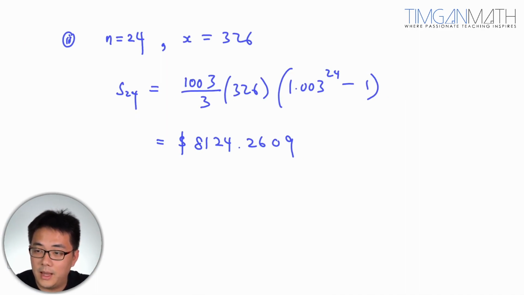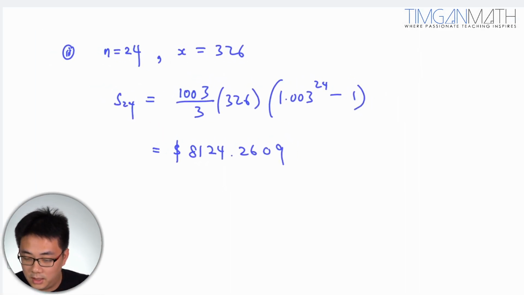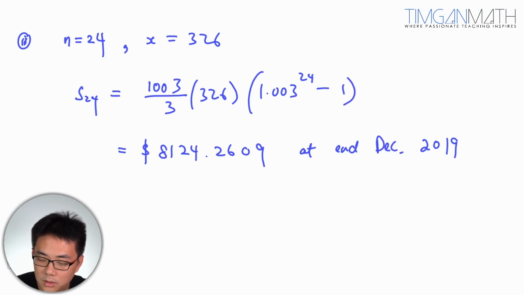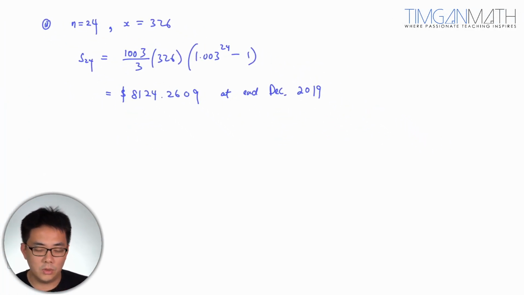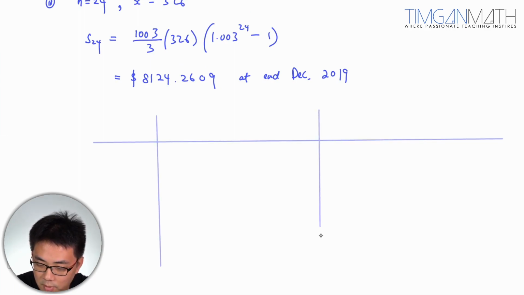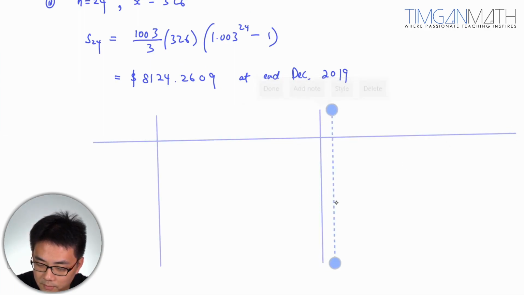Okay, so this is the amount I have left in the bank account, let me just write it down, at the end of December 2019. Okay, so we start with this amount. Don't need to worry about the rest because now this is the amount that we have. So I'm just going to start doing it again all together now that we have the amount here.